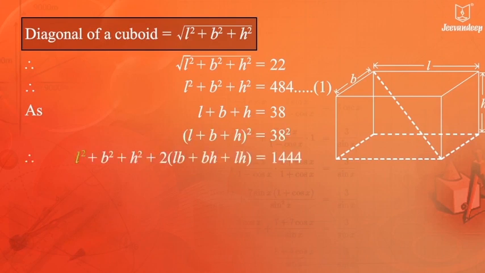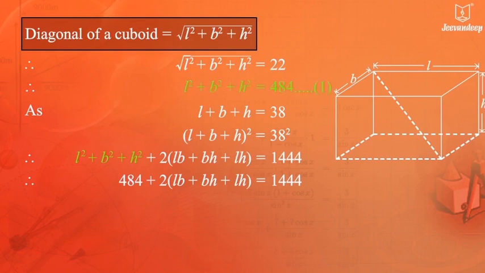Therefore, L square plus B square plus H square plus twice of LB plus BH plus LH equals 1444. Putting the value of L square plus B square plus H square from equation 1, we get 484 plus twice of LB plus BH plus LH equals 1444.